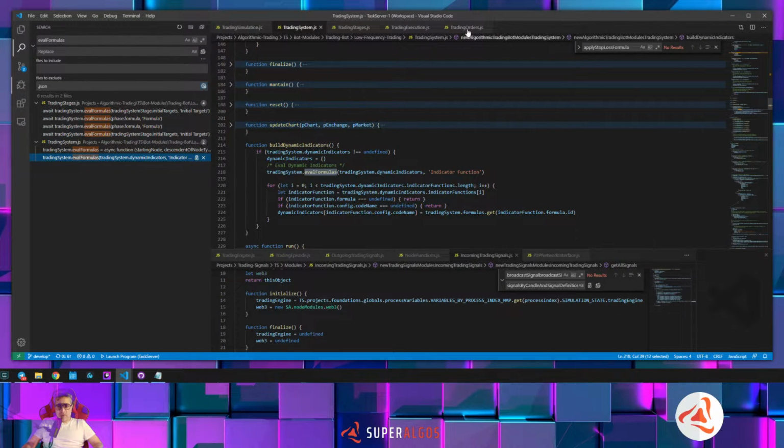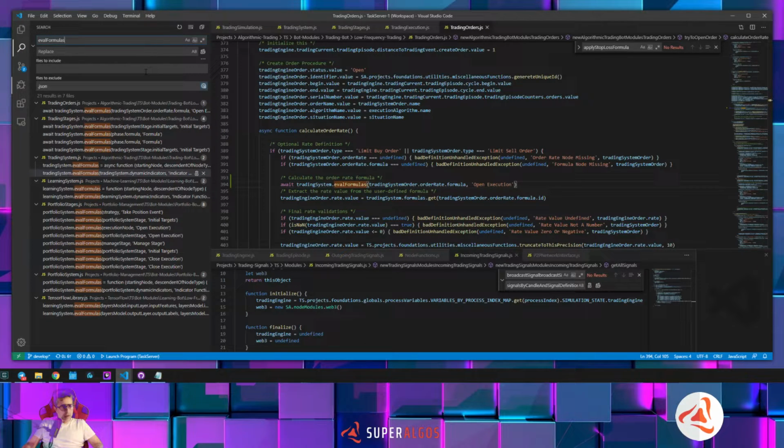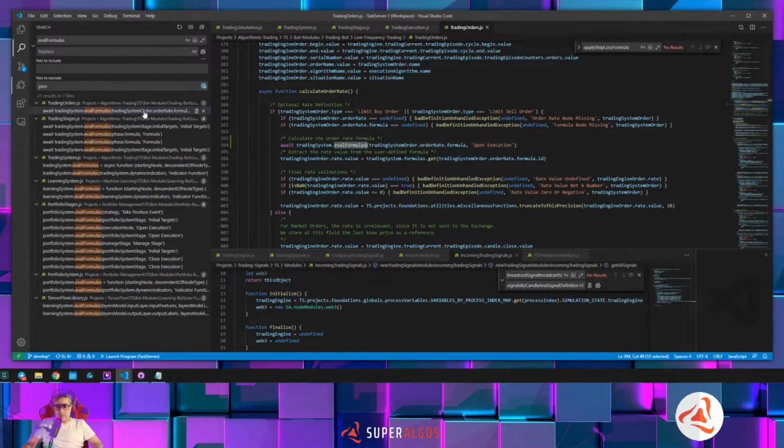But we have also the eval formulas here, but I don't know why they don't appear in the list. Maybe I deleted them. Trading orders. Yes, there's this one. The order rate formula, okay? So we're going to put a breakpoint there.